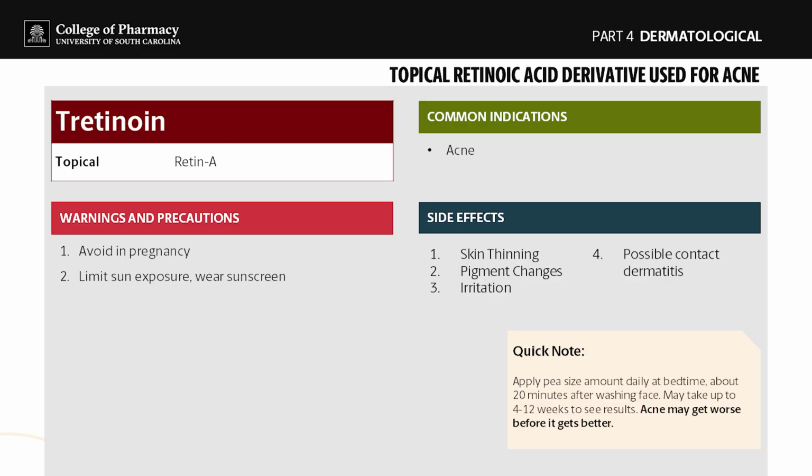Another thing is to let them know that the face may get red and the acne may get worse before it gets better. If you do not tell them this, they may stop using it, okay? And when they go in the sun, they're supposed to wear sunscreen, very important. Side effects: skin thinning, pigment changes, irritation, and possible contact dermatitis.